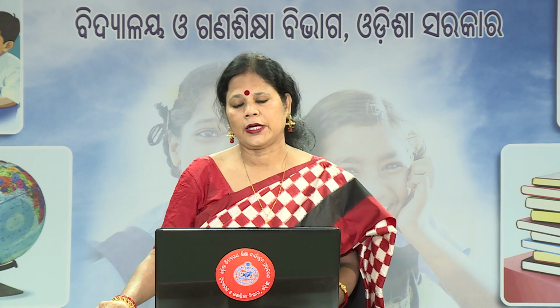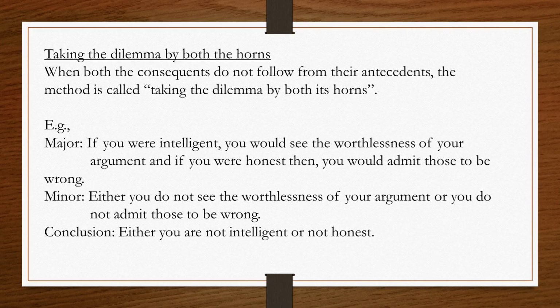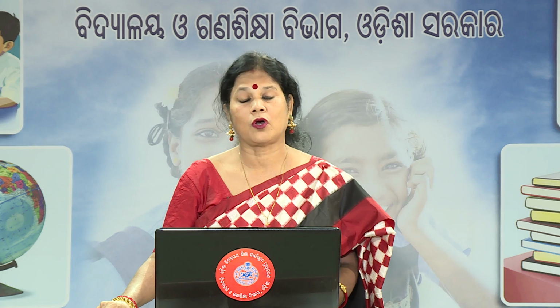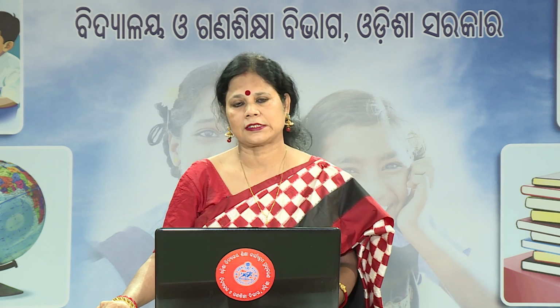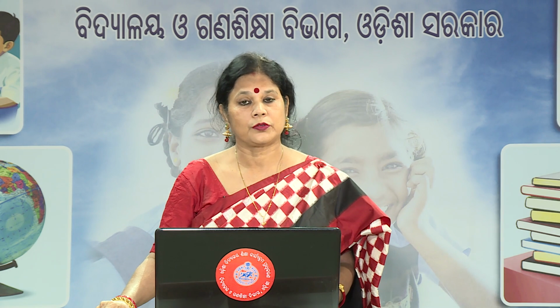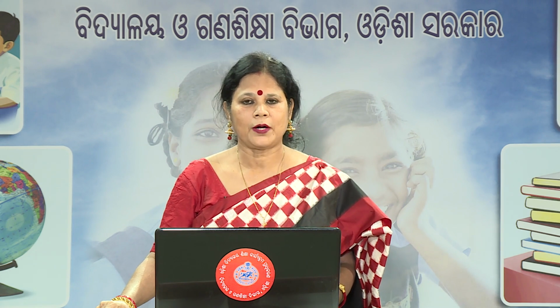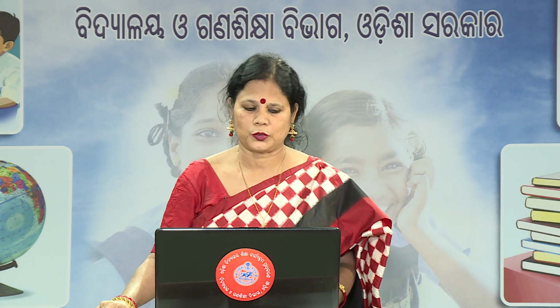If you were honest, then you would admit those to be wrong. And if you were honest, you would accept this as wrong. So this is your compound hypothetical proposition.